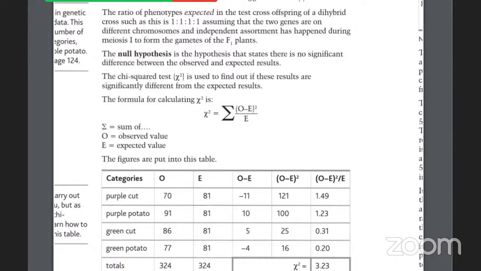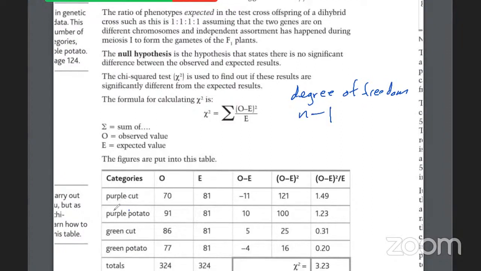Now, once you get this value, we're going to go to the chart I was showing you earlier. But before you go to the chart, you have what we call degree of freedom. I told you about it earlier, right? So we have 1, 2, 3, 4 categories, so I'm just going to call it n minus 1, where n is the number of categories.